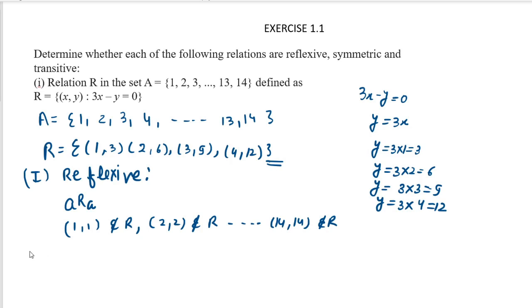So now I am going to talk about the second part. What is the second part? Second is symmetric. So for the condition of symmetric, let me write.